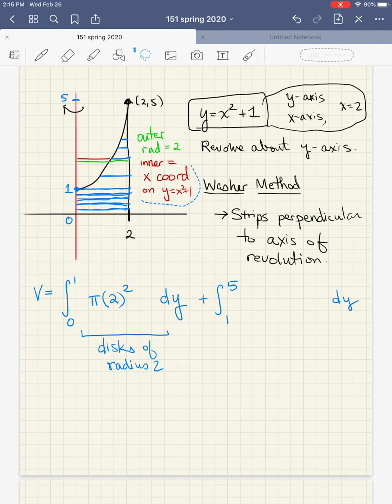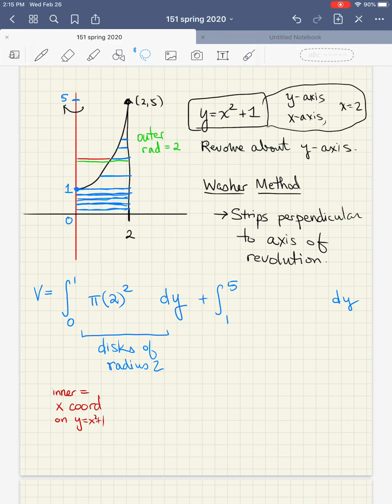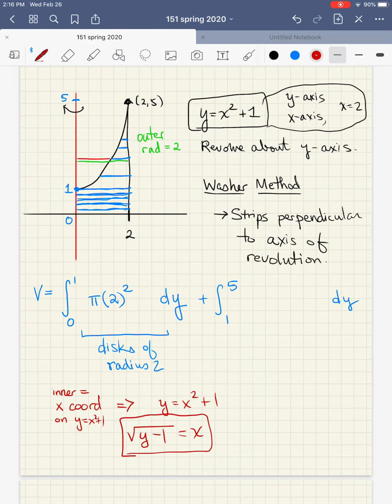So let's see if I can move this down here. Our inner radius is going to be the x-coordinates on this curve. We have y equals x squared plus 1, so if I solve for x, I get x equals the square root of y minus 1. And this is my inner radius.